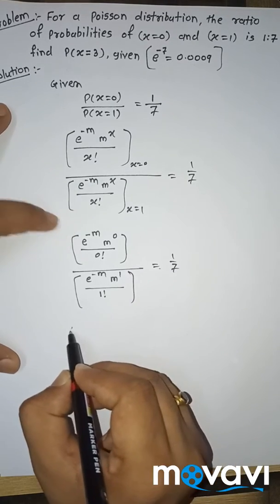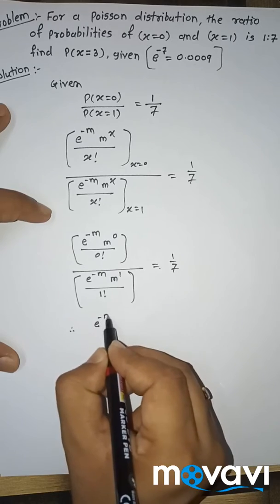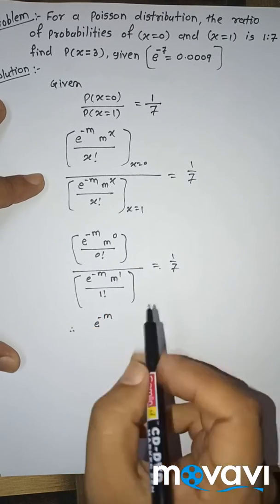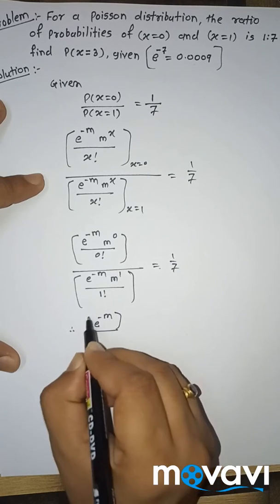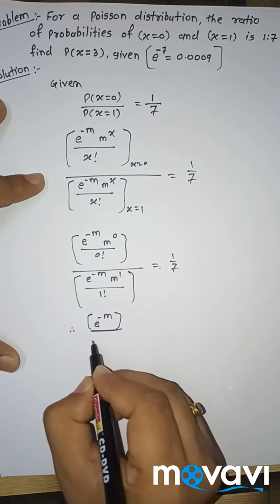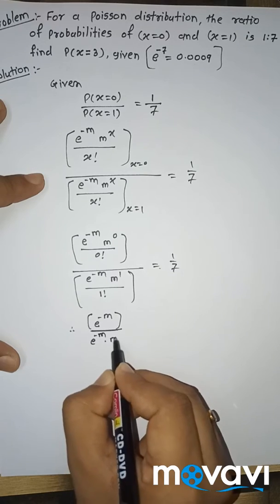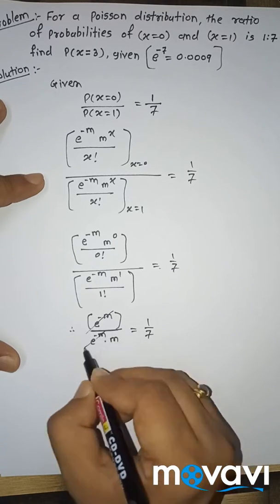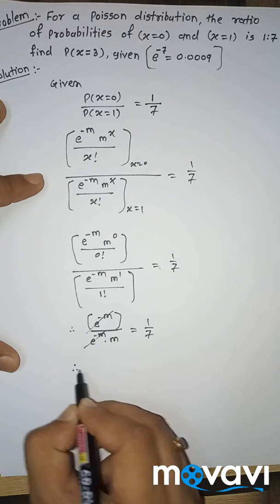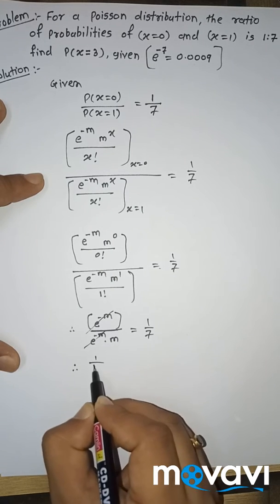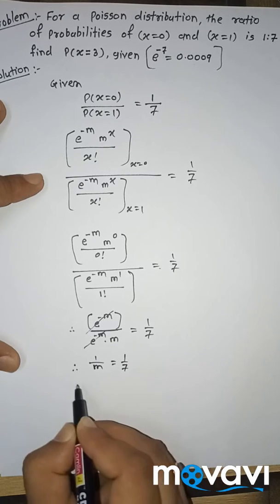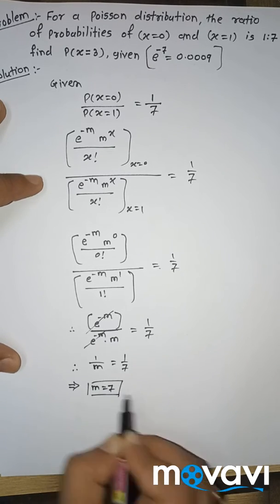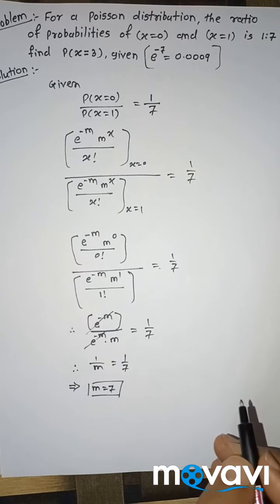Anything raised to 0 is 1 and 0 factorial is again 1. So here e raised to minus m upon e raised to minus m into m is 1 upon 7. Here we cancel e raised to minus m with e raised to minus m. We get 1 upon m is 1 upon 7, or we can write this as m is 7. Here value of m is 7.